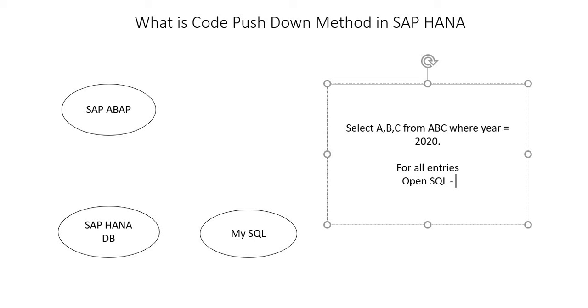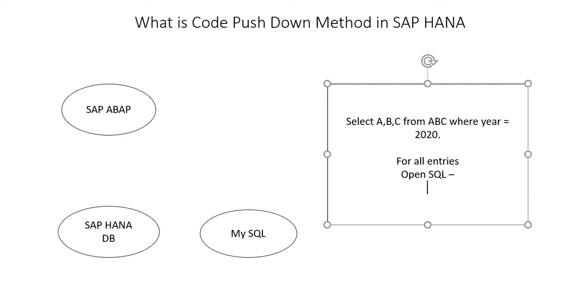What does Open SQL mean? Open SQL is needed when your one system is connecting or interacting with another database. And native SQL is just when you are writing the SQL on the same DB.